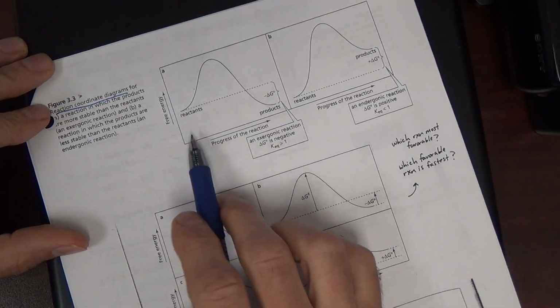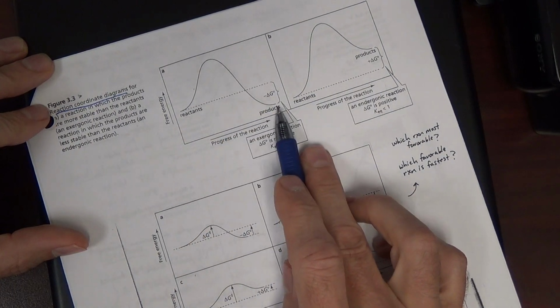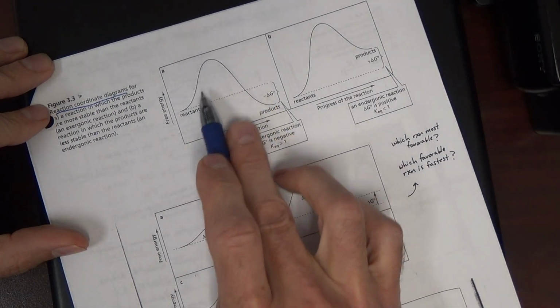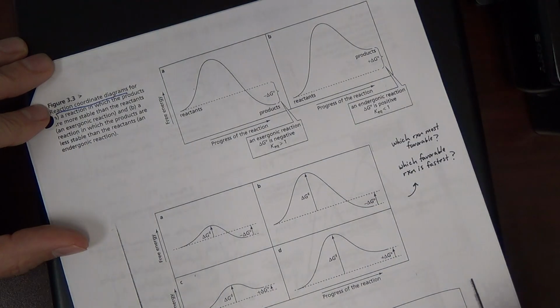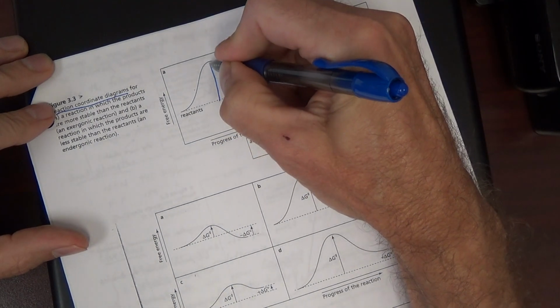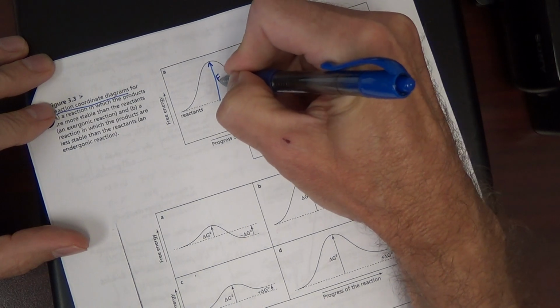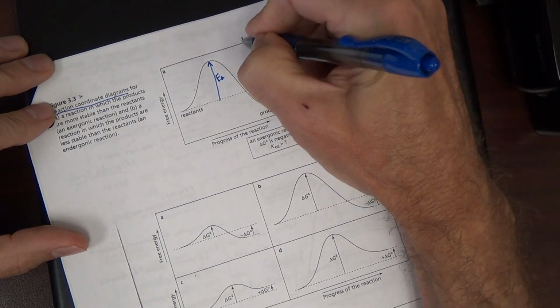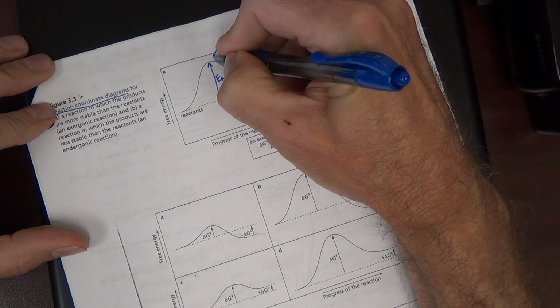Okay, here we see reactants going to products, and it looks like there's no intermediate. There's just one transition state. And this would be the activation energy.